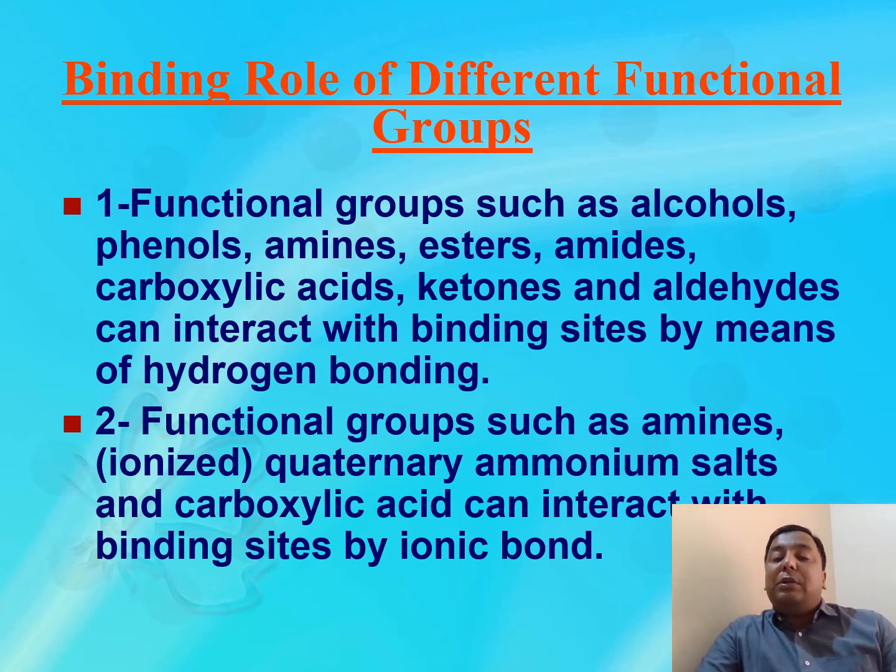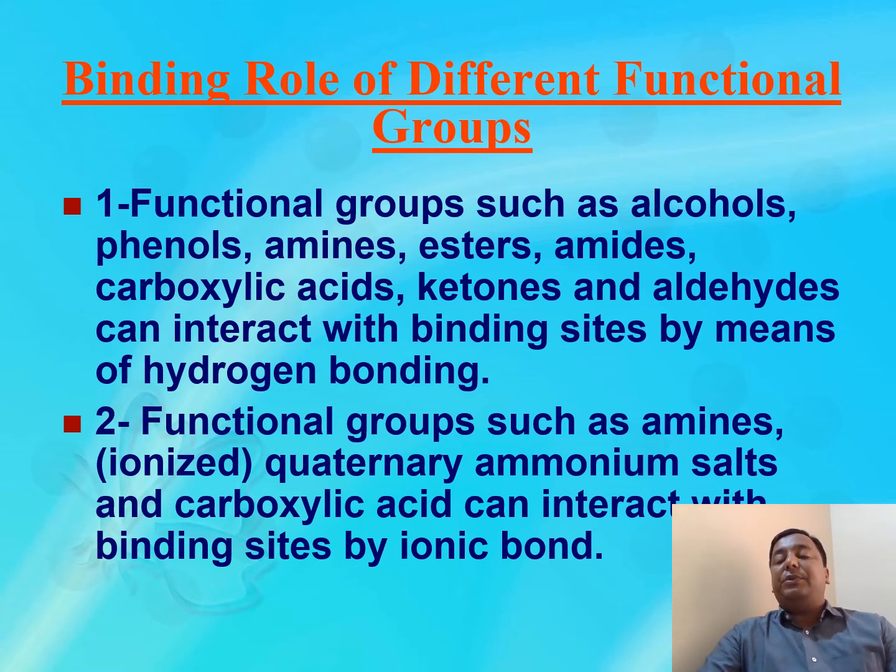These are all groups which interact in the binding site by means of hydrogen bonding. So we must take care of compounds which have alcohol, phenols, amine, esters, carboxylic acid, ketones, which must have interactions by means of hydrogen bondings, right?